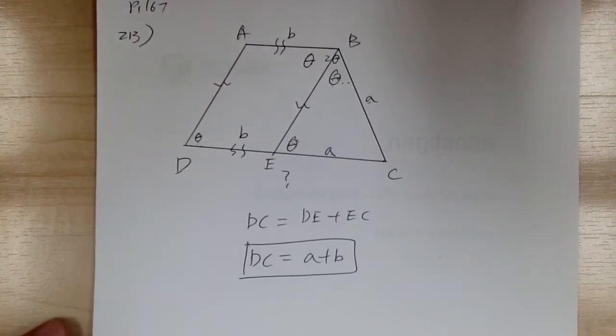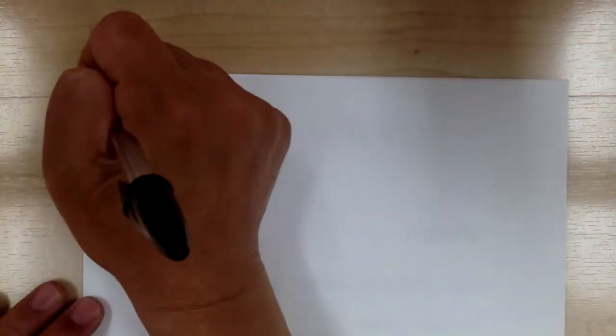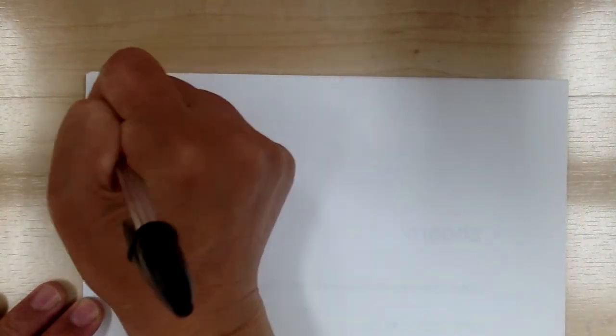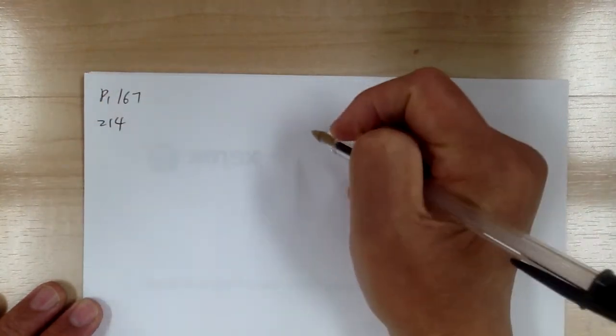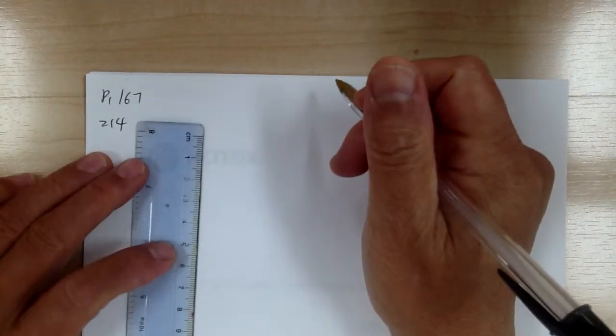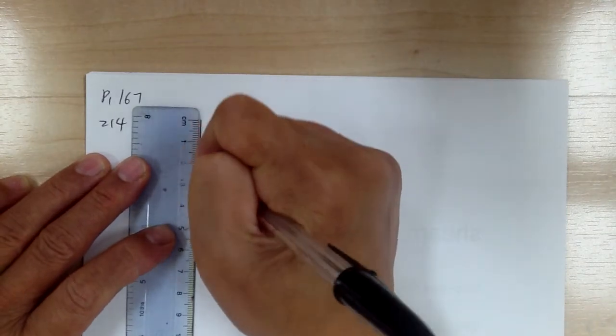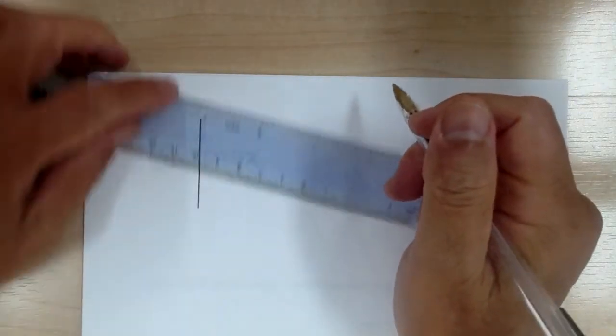Okay, let's go to 214. So 214, you have a rectangle.